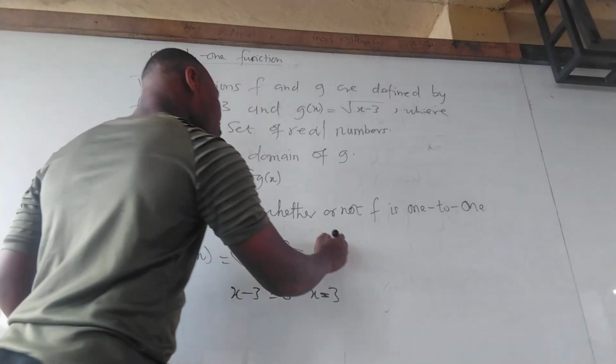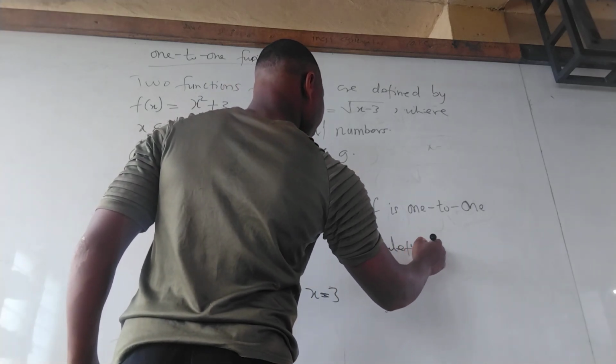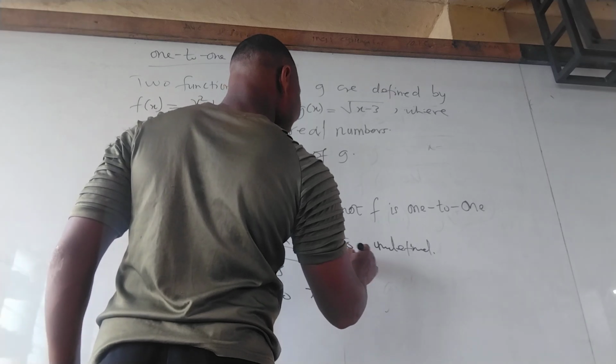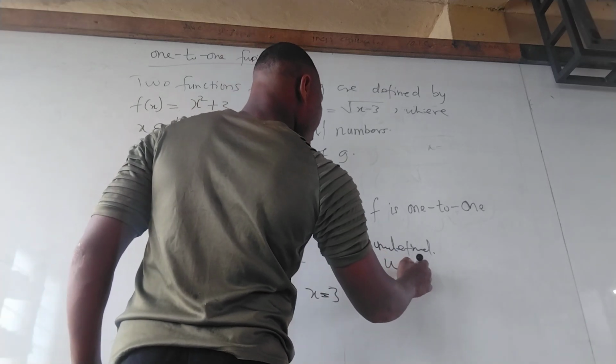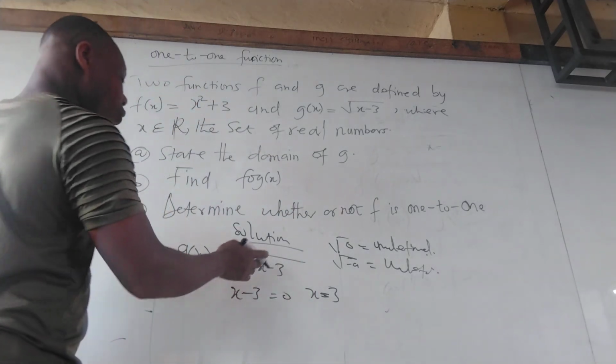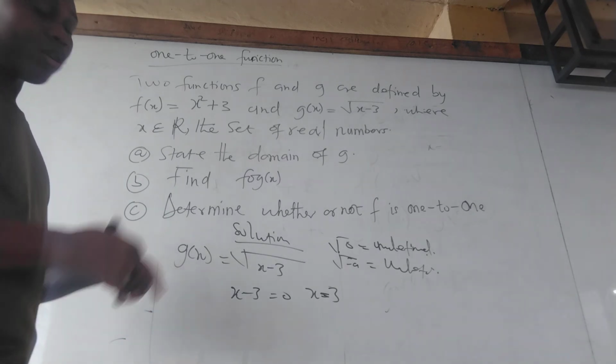If I have square root of 0, I can say it's undefined. But what if I have square root of a negative number, say negative a? It's also undefined. So any value that makes this expression negative will also make the function undefined.